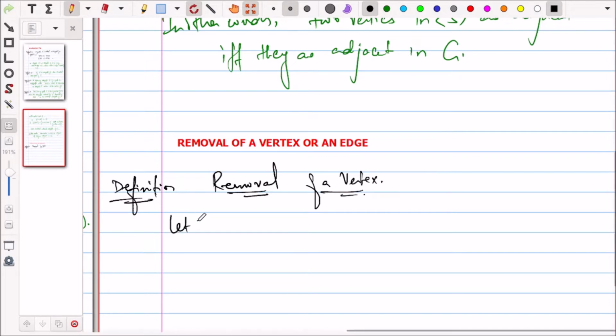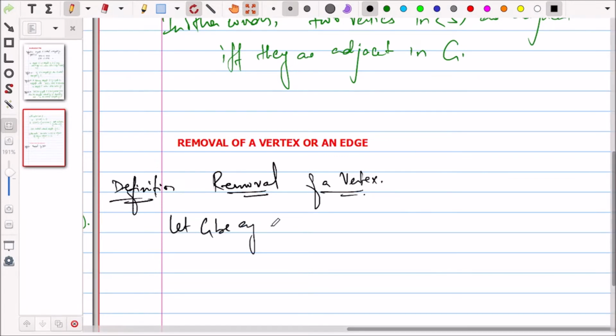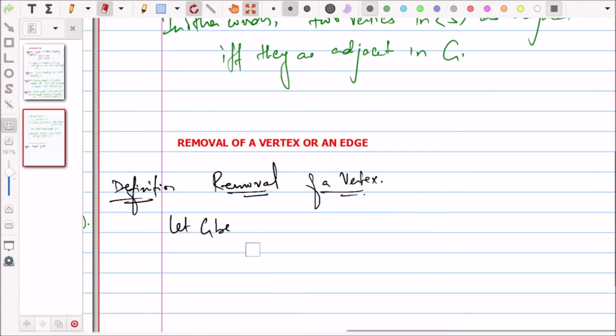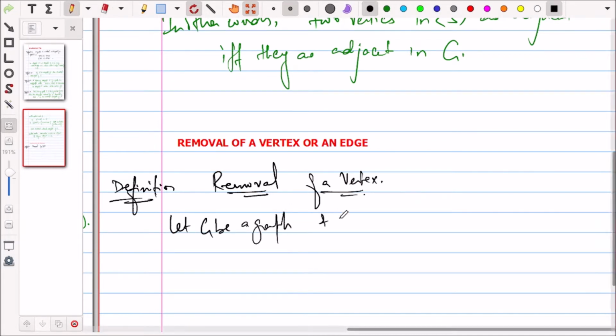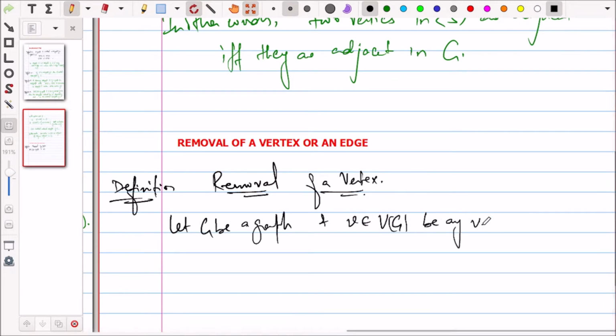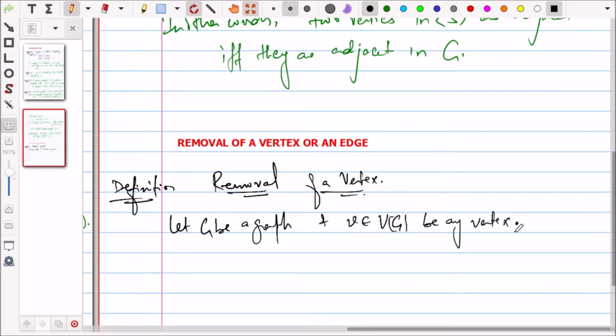So let G be a graph and v belonging to V(G) be any vertex.